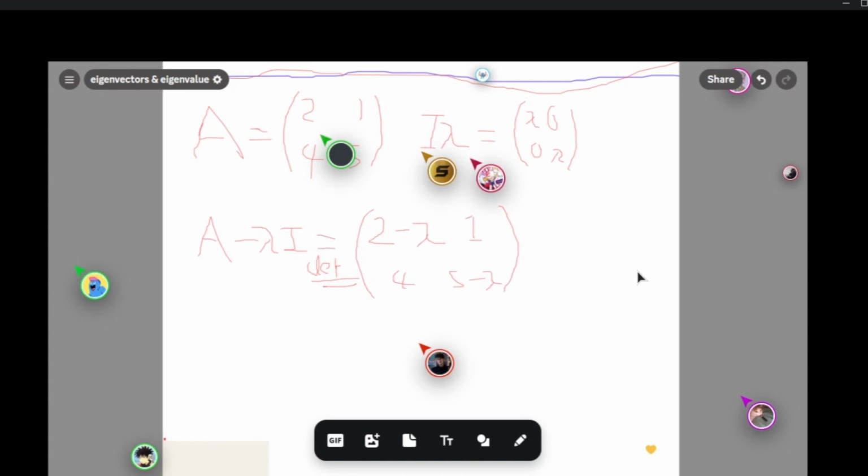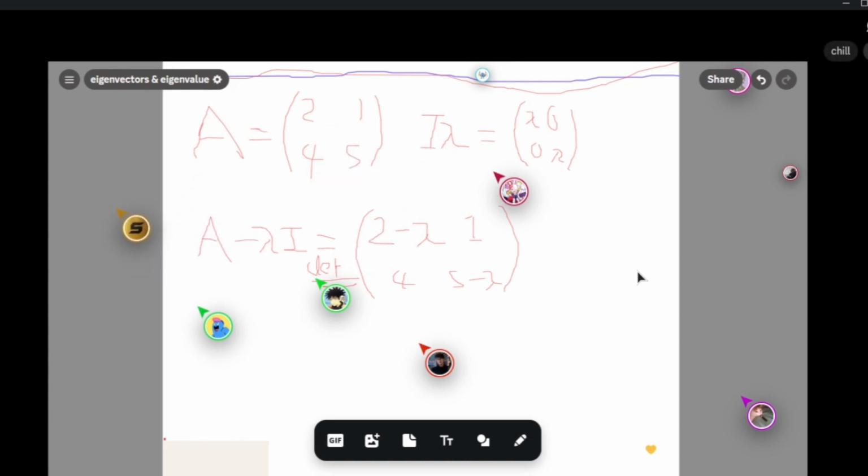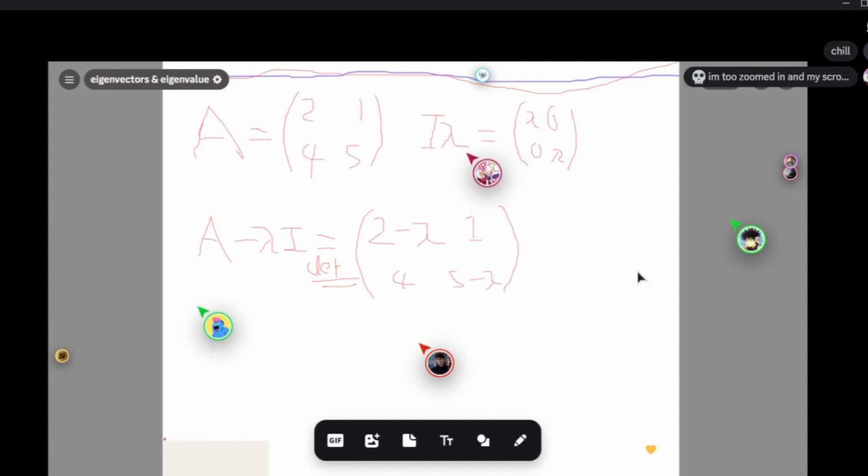Alright, so has anyone lost there? Just type in the chat if you are. I can't find the lab solution. My scroll is too broken to get out again.